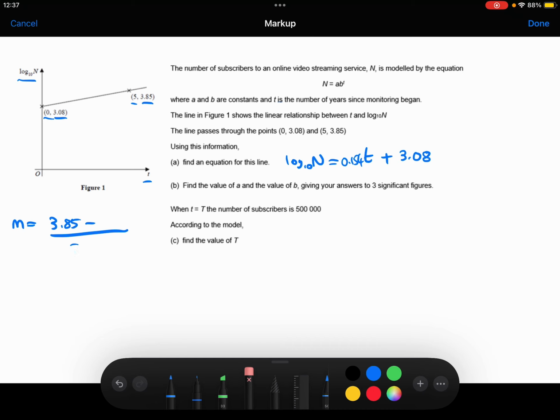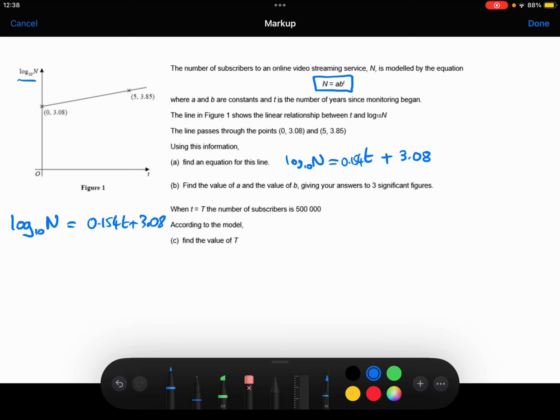Right, part B says we now need to work out the value of A and B, which were given to us in the original equation, n equals ab to the power t. So I'm going to take my equation for the straight line, so the log to the base 10 of n is equal to 0.154t plus 3.08.